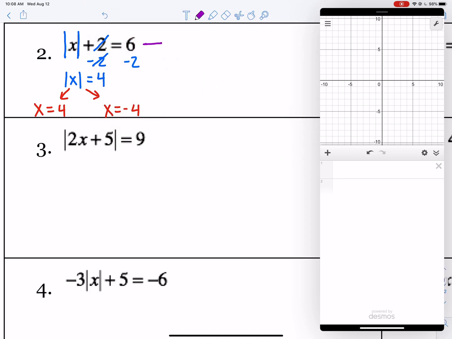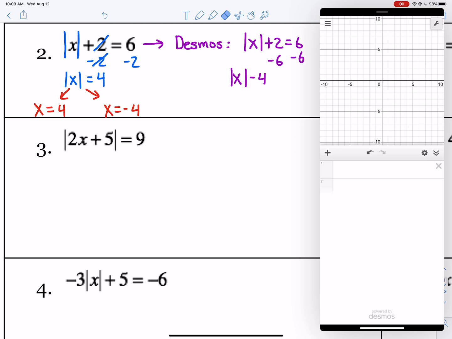So go back to your original problem, and we kind of need to rewrite it in order to type it in Desmos to check it. So we had the absolute value of x plus 2 equals 6. We've got to get it into y equals form. So we got to get this 6 over here to the left. So let's say the absolute value of x plus 2 minus 6, which you can actually type in Desmos, or you can put them together, which would be a little nicer. So let's put minus 4 is equal to 0.